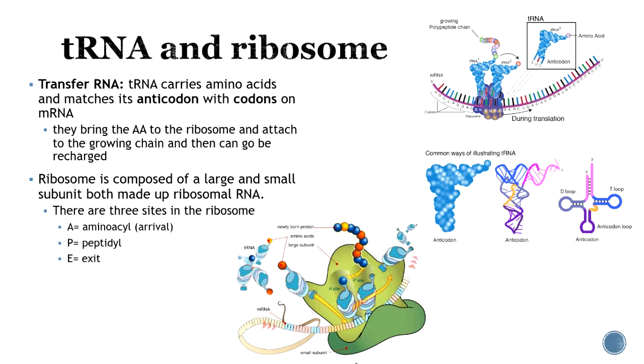There's three sites that you'll see: an A site, a peptidyl site where we're going to grow that peptide bond, and an exit site. Basically it serves as a site for the tRNAs to come, bind to the messenger RNA, and then we transfer the amino acid to the growing chain to make our protein.